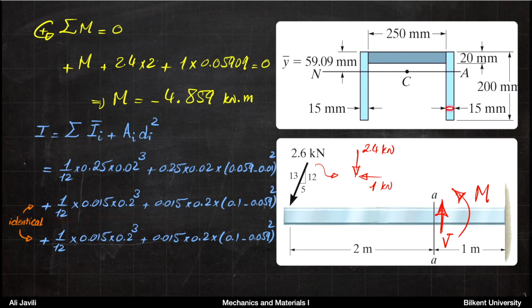Now b would be 15 millimeters, h is 200 millimeters. And then you have the area, but here the distance would be the distance of the centroid of each of these minus the neutral axis. So that would be in the middle, which is at 100 millimeters. So you need to subtract that from the 59 millimeters and square it. So doing all that, if there are no calculation mistakes, the moment of inertia should be 42.26 times 10 to the minus 6 meter to the power 4.